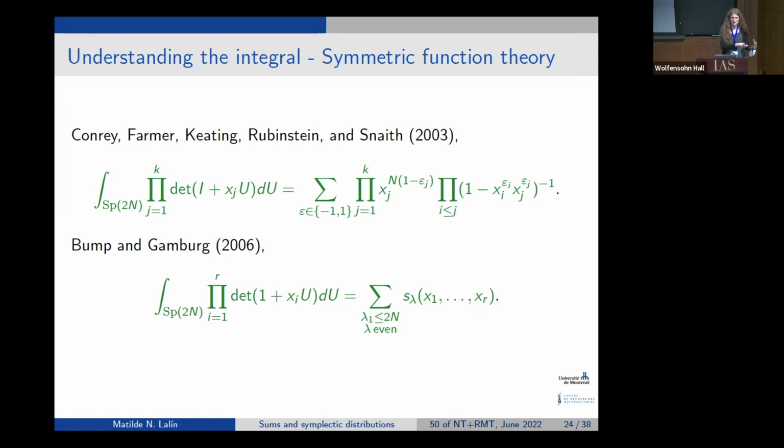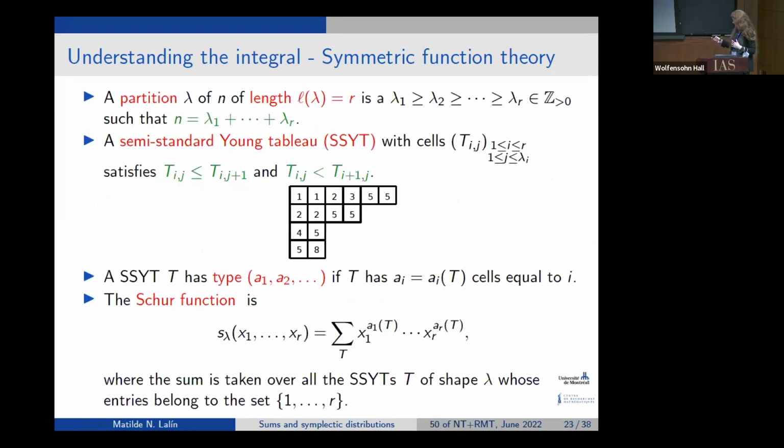The reason I described all the Young diagrams before had to do with this. We can understand this integral as a sum over Schur functions, and the sum takes place over all the partitions that have lambda 1 bounded by 2n, and lambda even. Lambda even means that each of the lambda i's is even. In particular, the example I wrote here is an even partition because each row has an even number of cells.